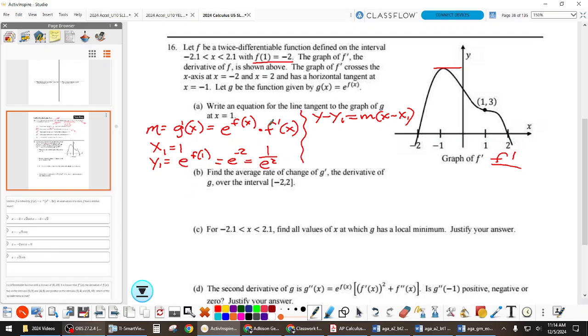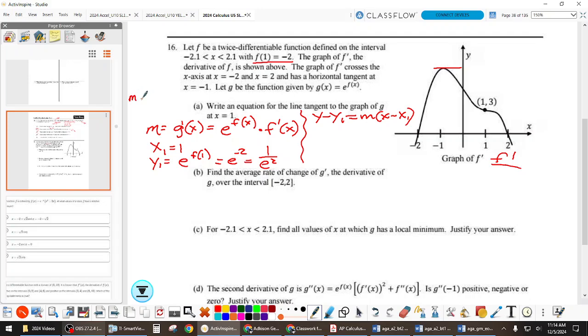So we can plug all that in. Oh, well, I guess we actually need a value here too. It's 3, because you're given that point of the graph. You're talking about the derivative? Yeah, because we have this e to the f of x. Oh, because your f prime of x is 3. Okay. I'll just write it up here.